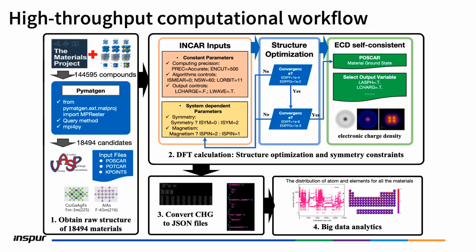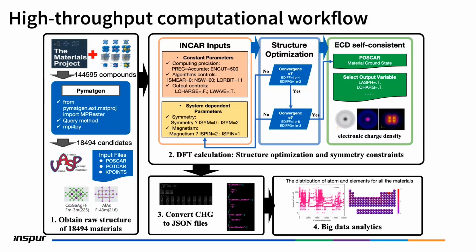We prepare all the parameters in the INCAR files, which contain a lot of control parameters for running the VASP jobs. During the optimization, two convergence steps are required. This calculation is performed until the maximum force and the energy components are small enough. After being fully converged, the electronic charge density of all the materials is calculated separately in the self-consistent process.